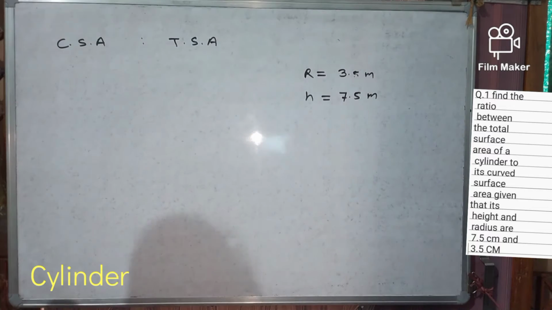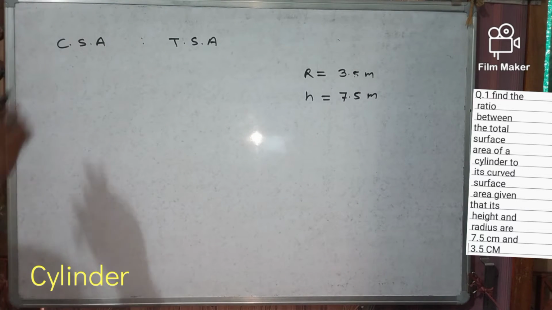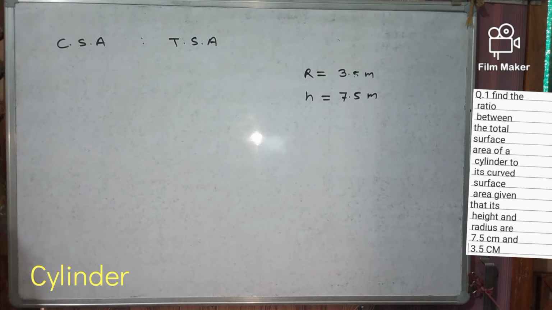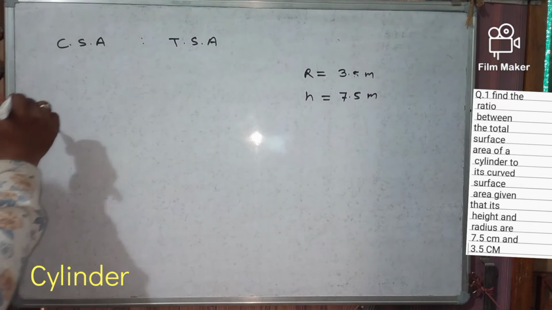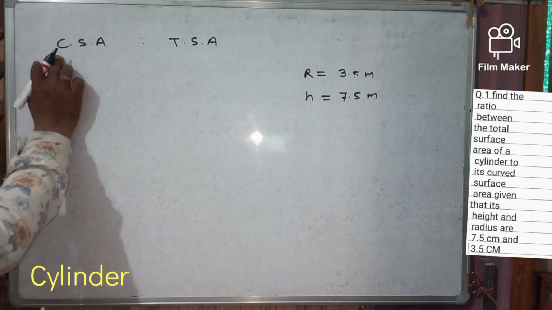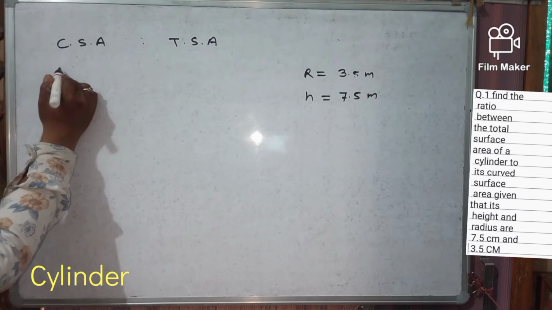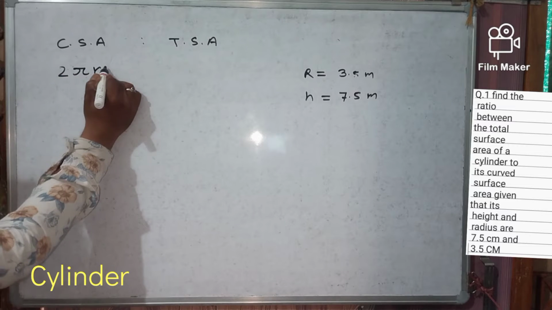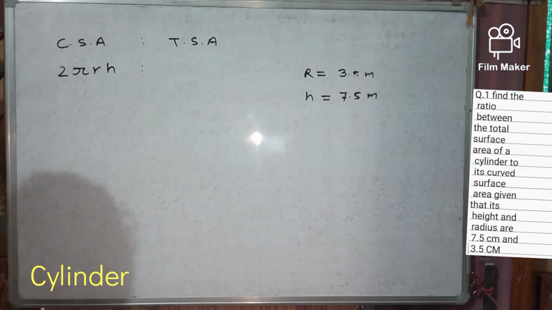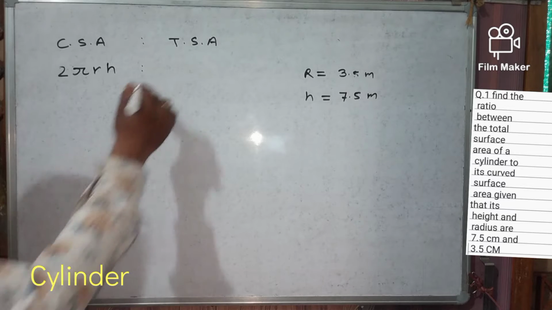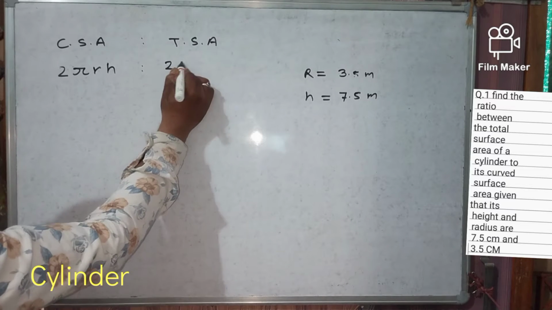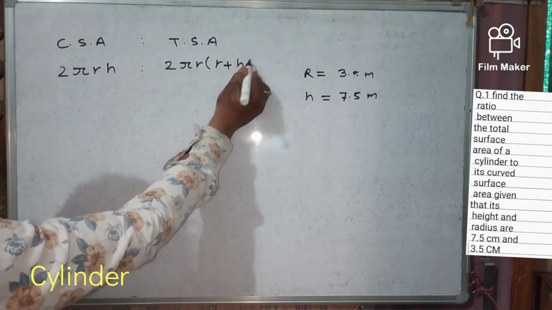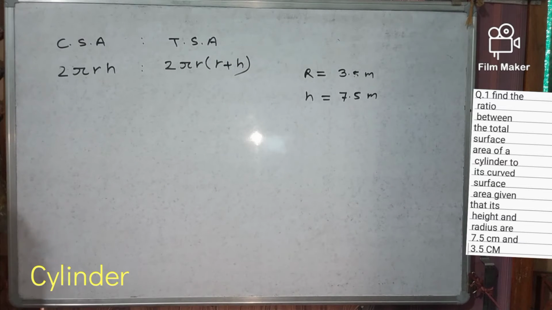Our target is to find the ratio between curved surface area and total surface area. So we have learned the formula of curved surface area is 2 pi r h. Total surface area formula is 2 pi r into r plus h, right?